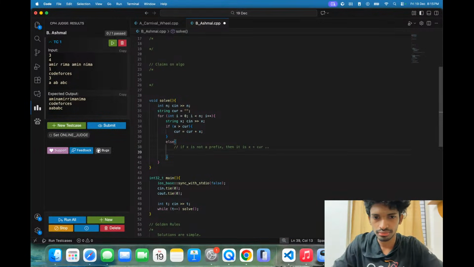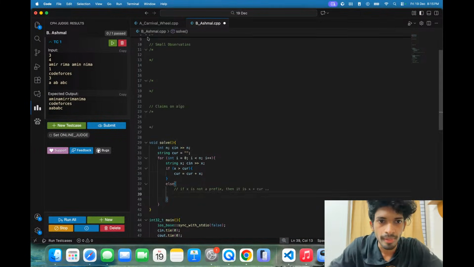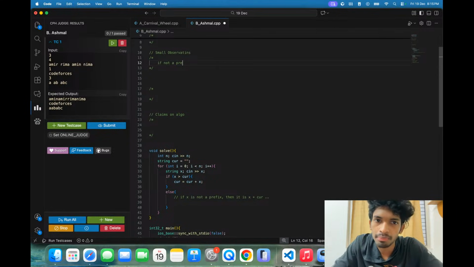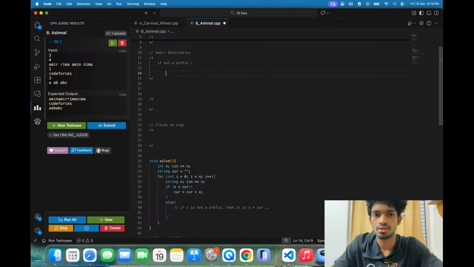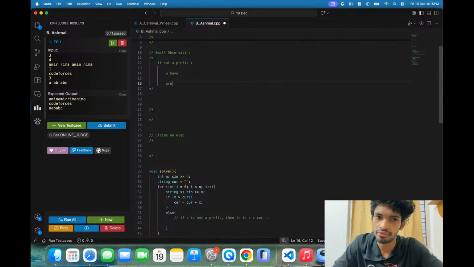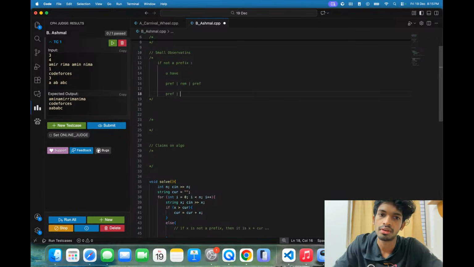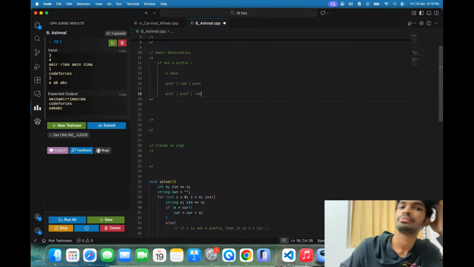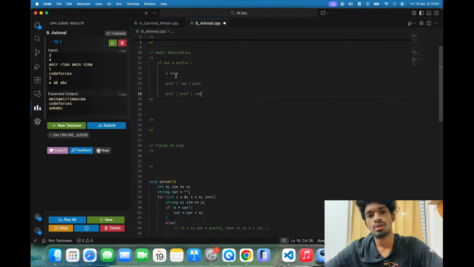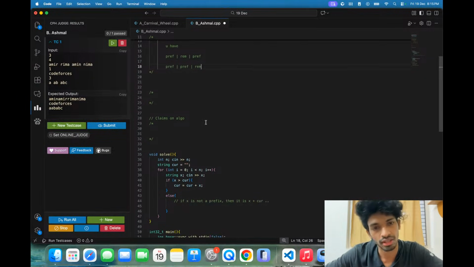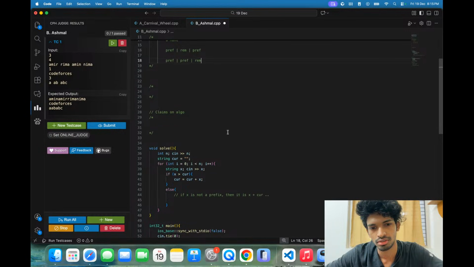If it is a prefix, you have pref rem pref, or pref pref rem. You have these two things, and you have to check very carefully which is smaller. Why not just compare both of them?